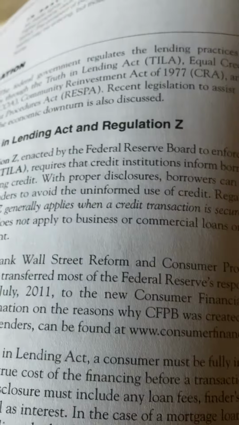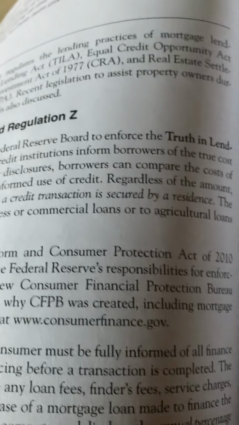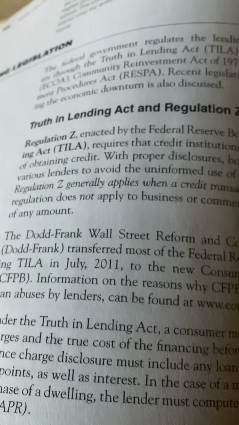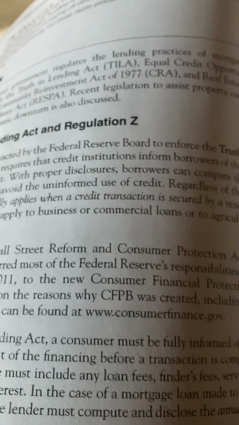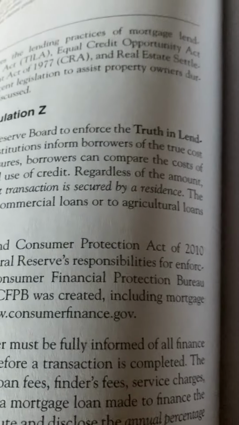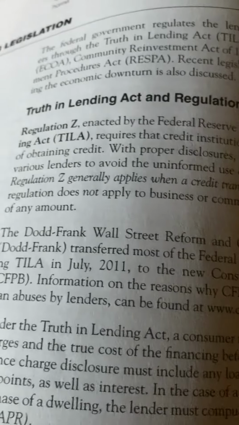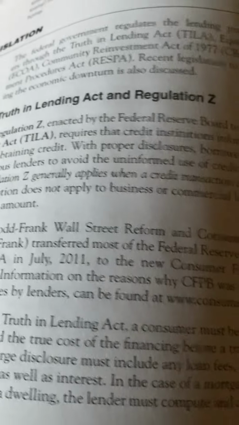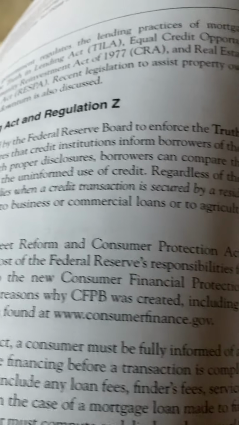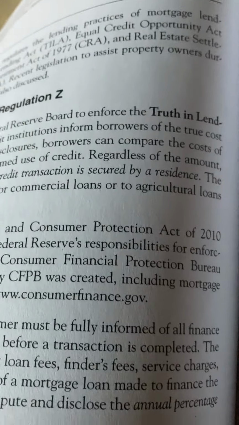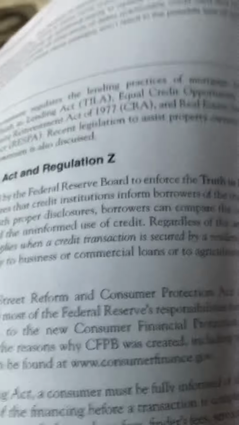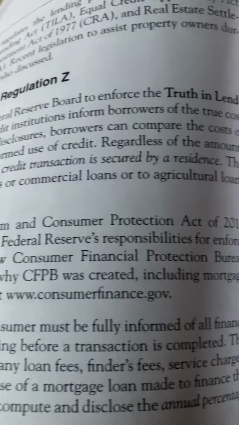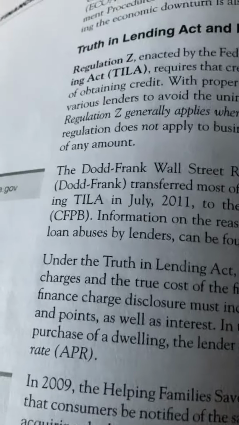With proper disclosures, borrowers can compare the costs of various lenders to avoid the uninformed use of credit, regardless of the amount. Regulation Z generally applies when a credit transaction is secured by a residence. The regulation does not apply to business or commercial loans or to agricultural loans of any amount.